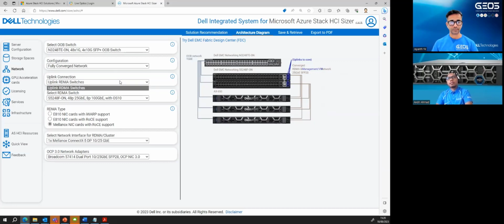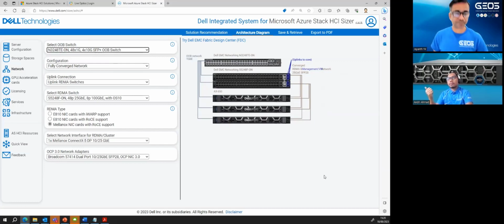And then there's the option whether you want to have your customer switches for out-of-band management. Out-of-band management is important in terms of manageability, so you still have visibility regardless of your production traffic.